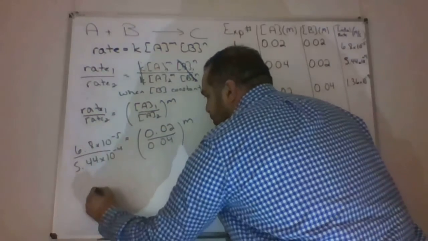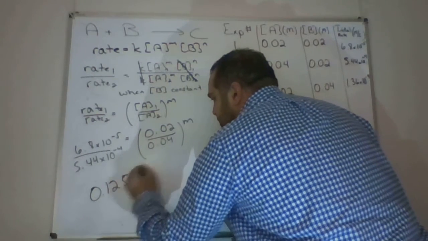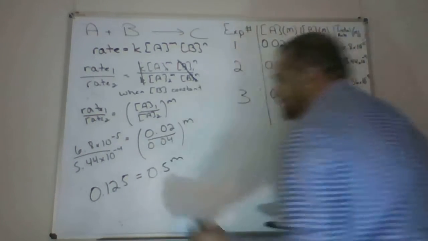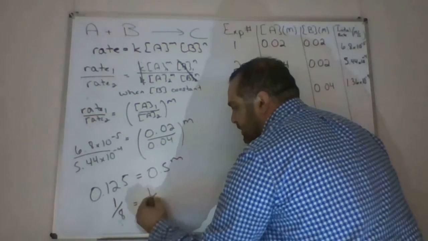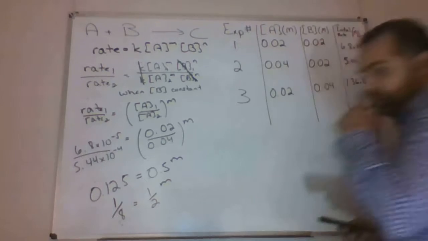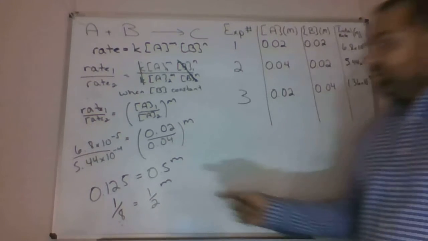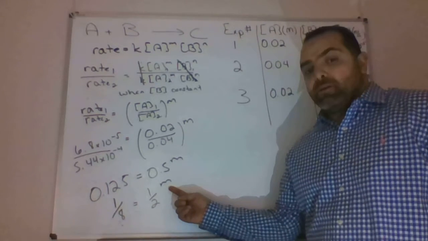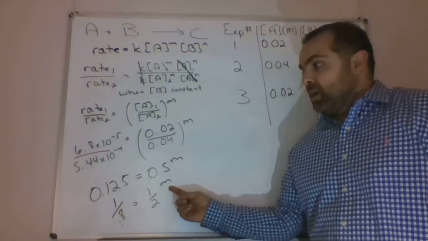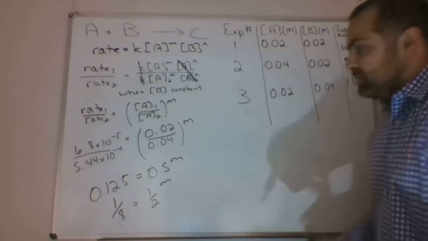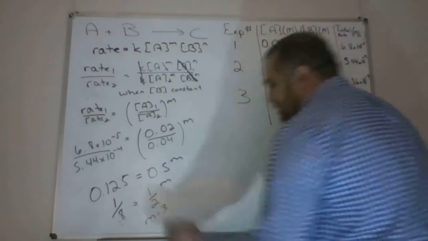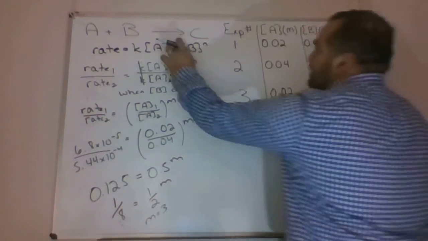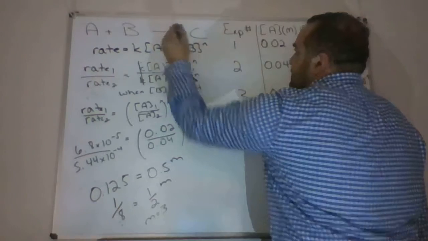We get 0.125 equals 0.5 to the m. Now if I write this as nice fractions, we see that 1/8 equals 1/2 to the m. Most of the time you can look at this and by inspection determine the power of m. But you can always take the ln of both sides and determine it. Here I know that if I cube 1/2, I get 1/8. So A here is a third order reactant.